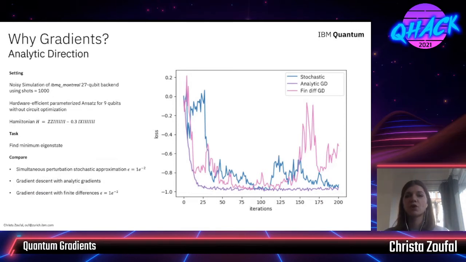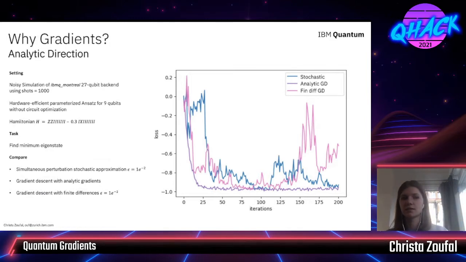For the plot on the right, what you see is a noisy simulation where we use the noise model for the IBM-Q Montreal 27 qubit backend, where we used 1,000 shots for each point evaluation.